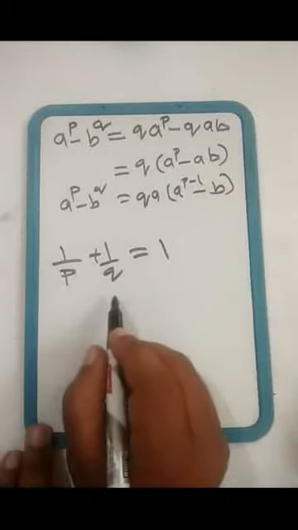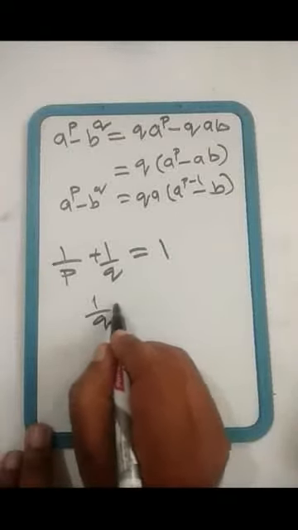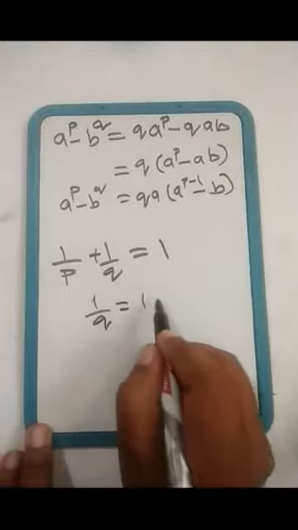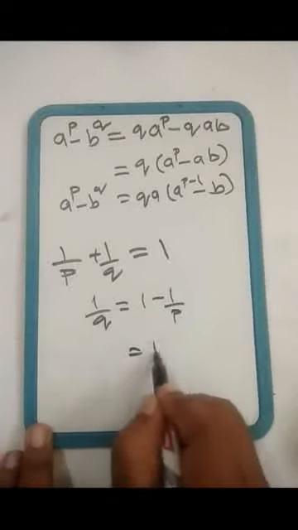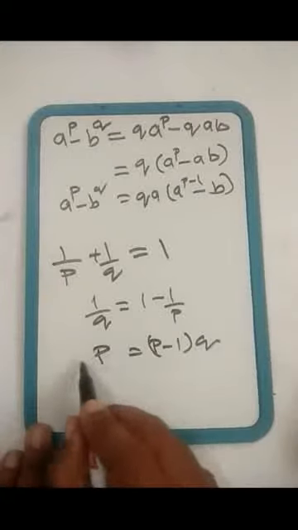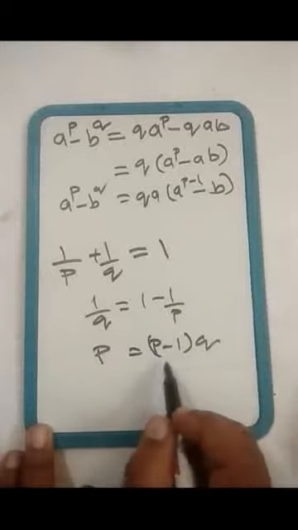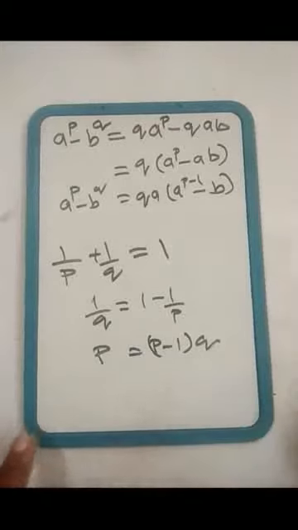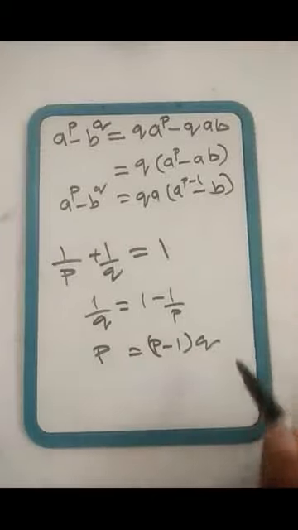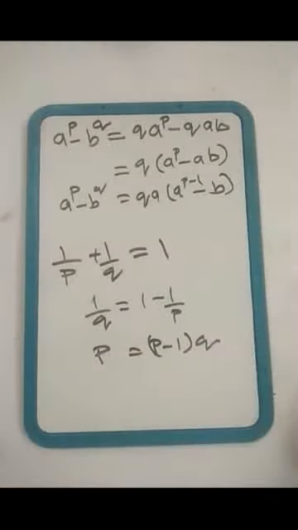So what do we get? 1 by q is equal to 1 minus 1 by p, which is equal to p minus 1 upon p, and shifting this, q times p minus 1 is p. So we have this one: p minus 1.